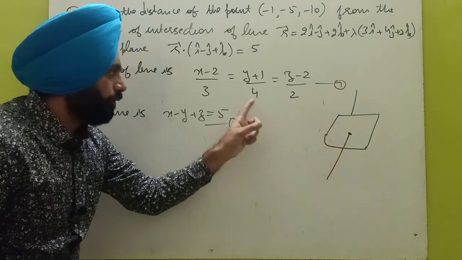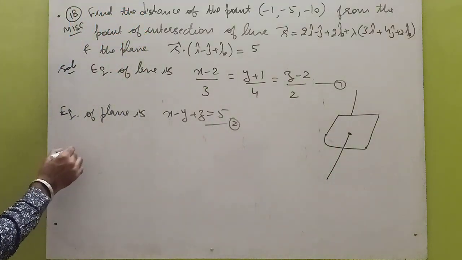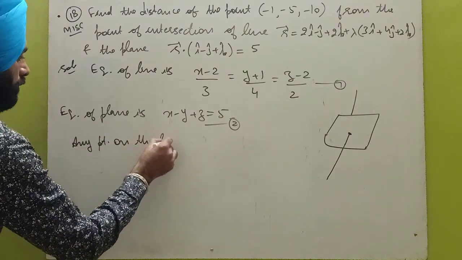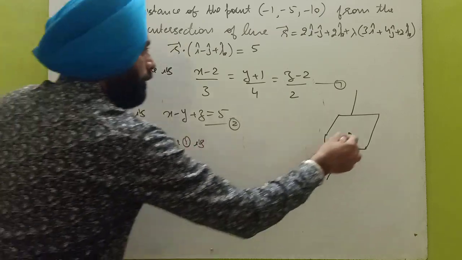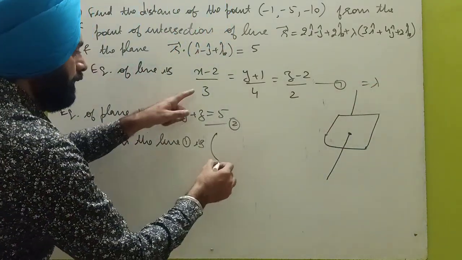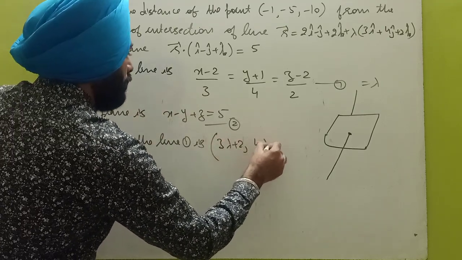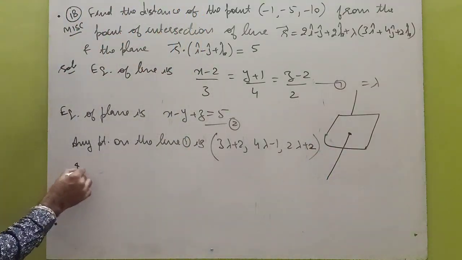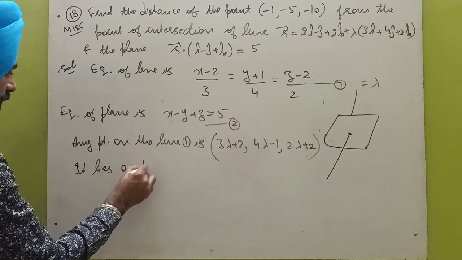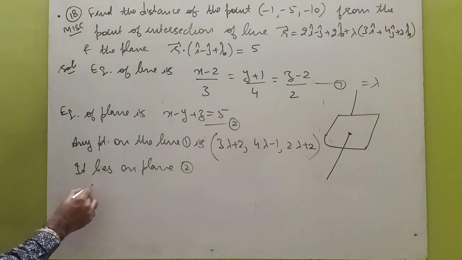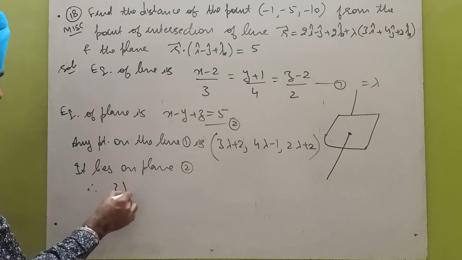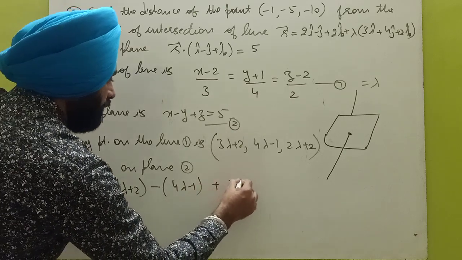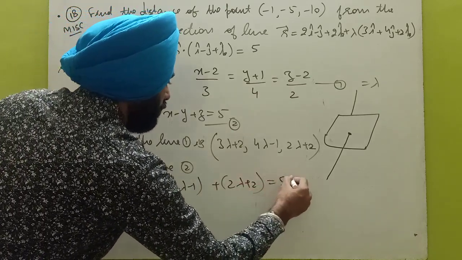We have to find the point of intersection of the line and the plane. So the concept is again the same as in the previous question. Take any point on the line. Line number 1, if we put it equal to lambda, then any point is 3 lambda plus 2, 4 lambda minus 1 and 2 lambda plus 2. This point lies on plane number 2. Therefore, x means 3 lambda plus 2 minus y means 4 lambda minus 1 plus z, 2 lambda plus 2 is equal to 5.